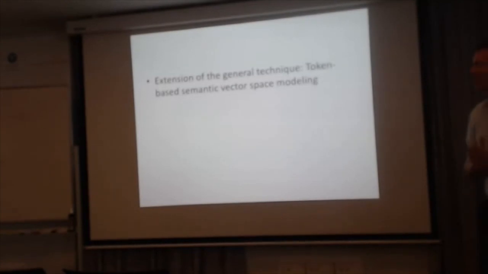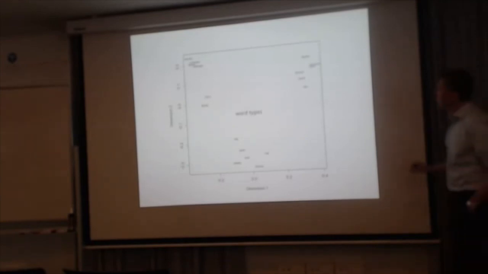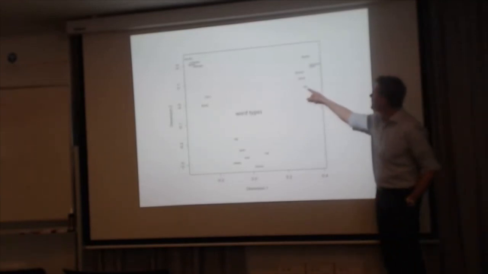We're almost there. But there's one more thing, one extension of the general technique that I need to mention. So we turned to what is called token-based semantic vector space modeling. In the graph you just saw, every element in the graph represents a word type. That is the word hat, which is here.